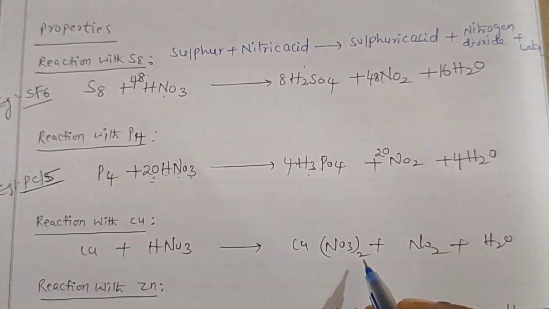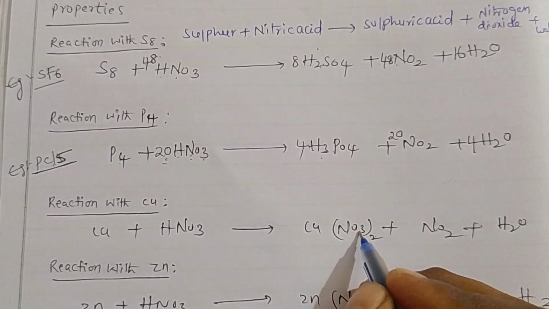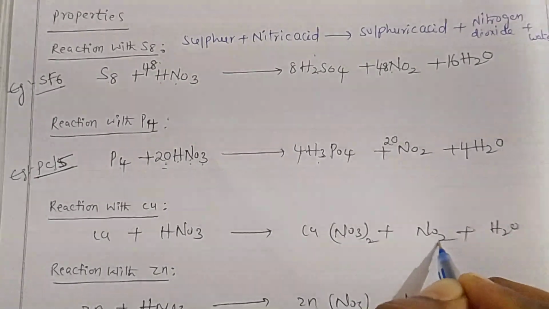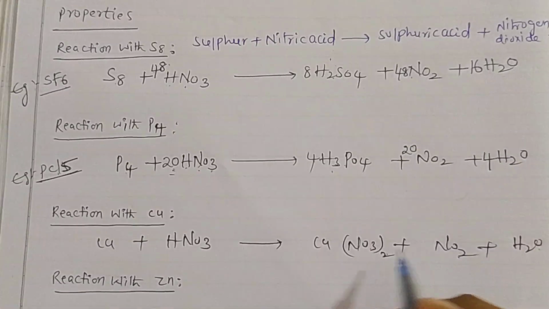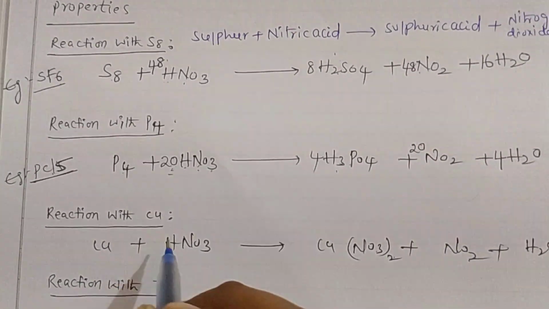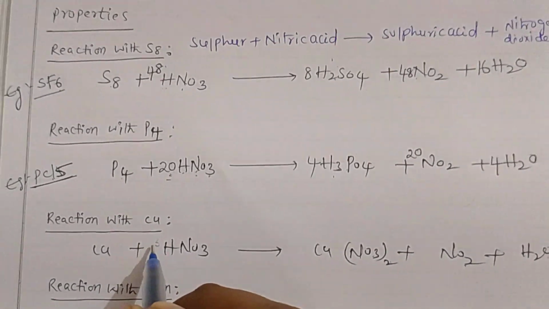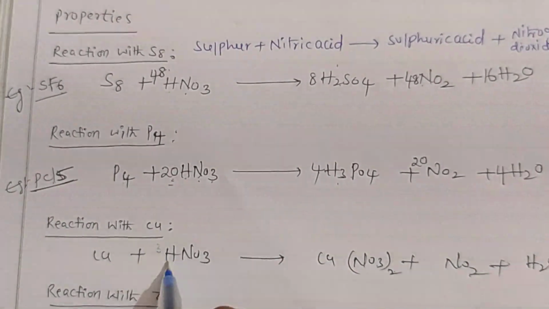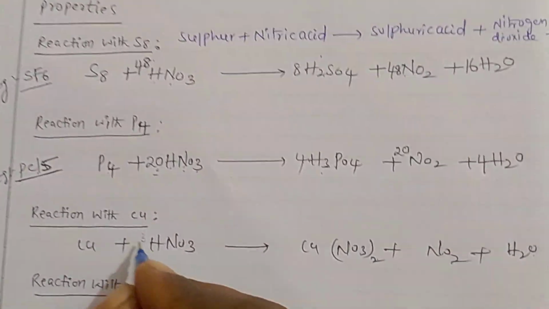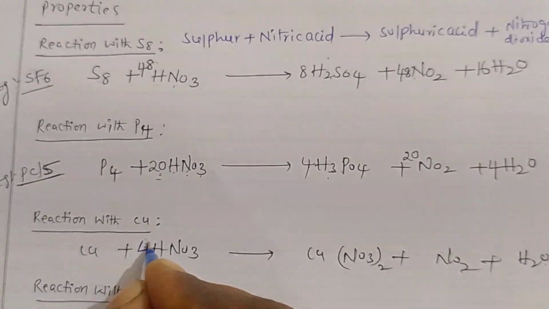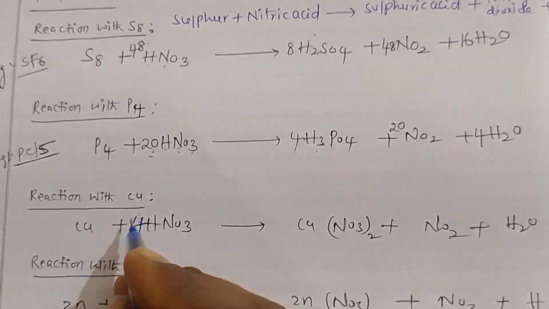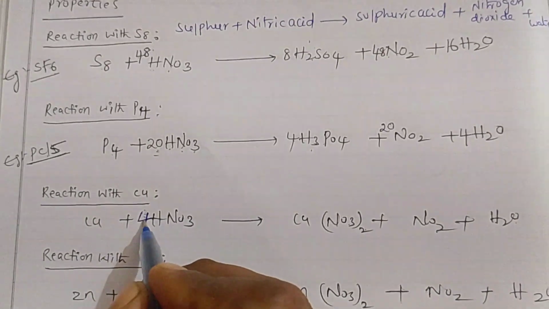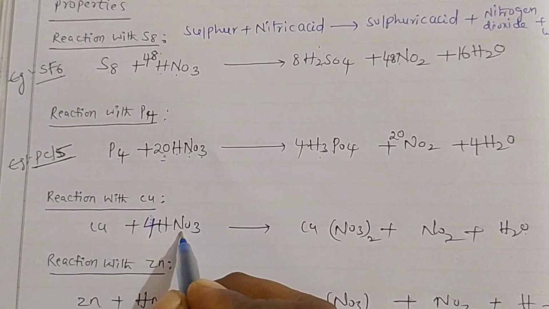How many oxygens are here? 2 threes are 6 oxygens plus 2, 8 plus 1, 9. If you take 3 here, everything will be balanced, but hydrogens may not balance because 3 hydrogens here, 2 hydrogens. If you go for 4 moles of HNO3, then total 4 nitrogens.